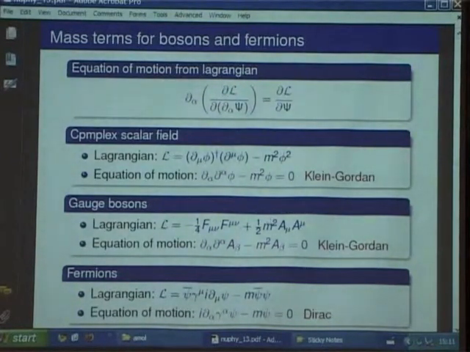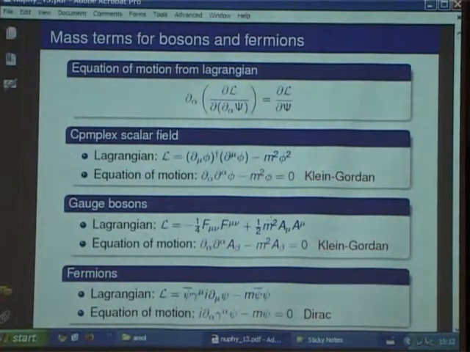Again, if you have a gauge boson and want to find its mass, you should look at the Lagrangian and at the coefficient of the A_μ A^μ term. This coefficient is going to be plus half m squared. That will give you the mass of the gauge boson. So that's how you find the mass of a gauge boson.